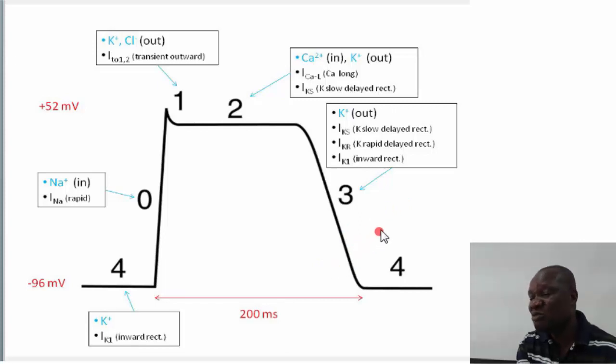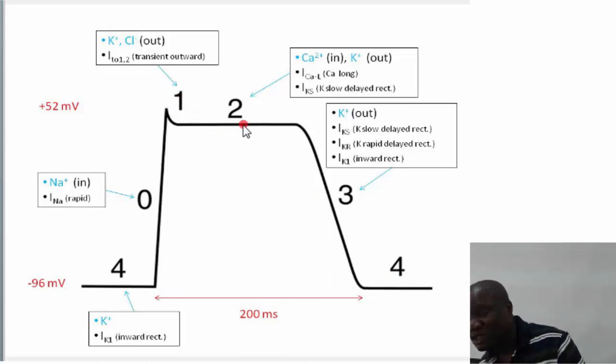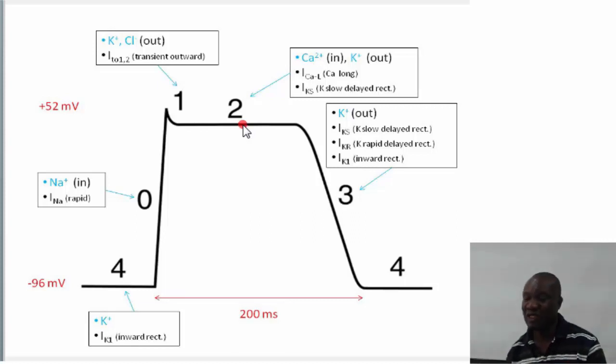Even though a little potassium will be getting in, the repolarizing force is more than the depolarizing force, and this causes the repolarization to the original level. See that this is very different from the action potential of a neuron, which is similar to that of the skeletal muscle. So that is the non-pacemaker potential.